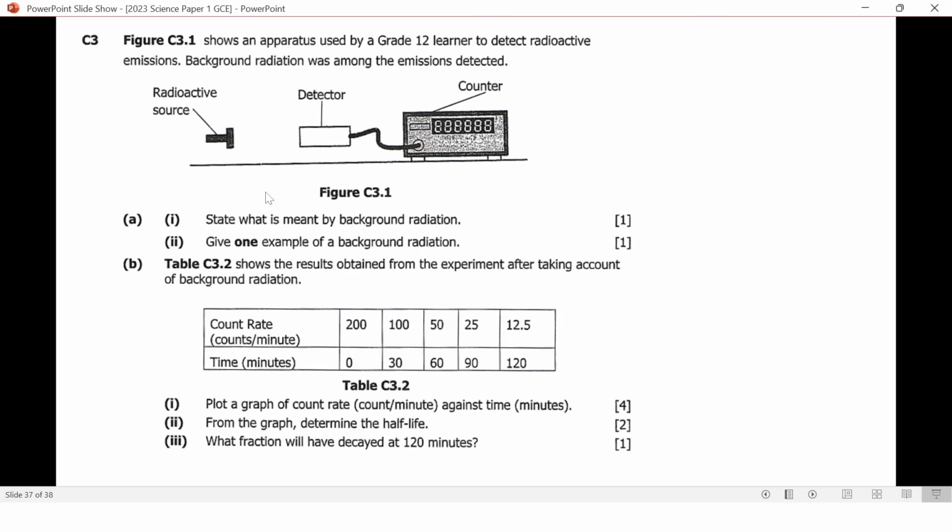Then we come to this other question here. They're saying what fraction will have decayed at 120 minutes. So at 120 minutes, what we see is that 12.5 would have remained. Now what is going to have decayed at that point?